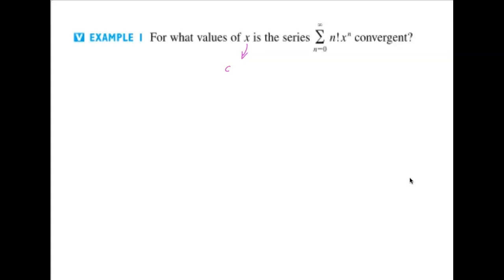So basically what we're finding is the domain of this function, meaning the values of x that would make it converge. We now have a few tests under our belt that will help us decide on convergence or divergence. I'll remind you that the last one we learned was the ratio test.